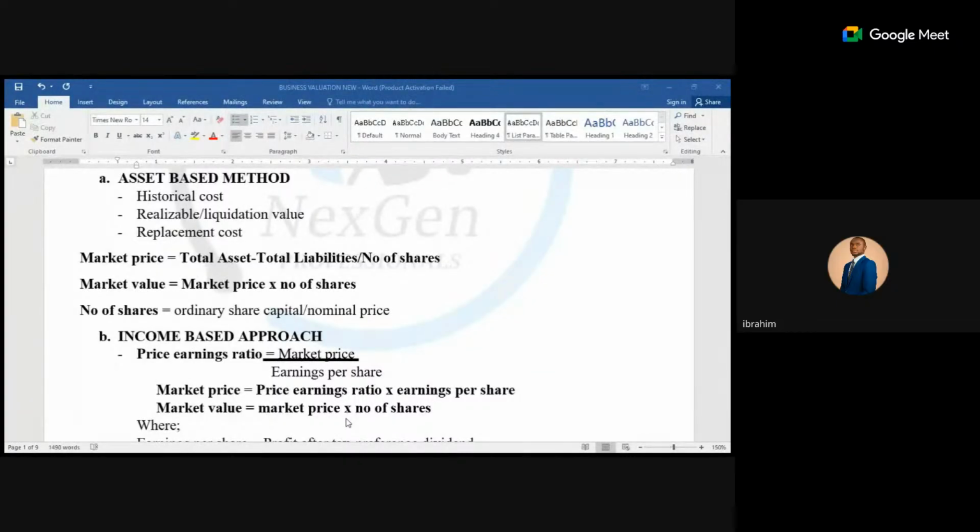It is the discounted present value, or this discounted cash flow, because it has a higher market price or value than any of those other methods.